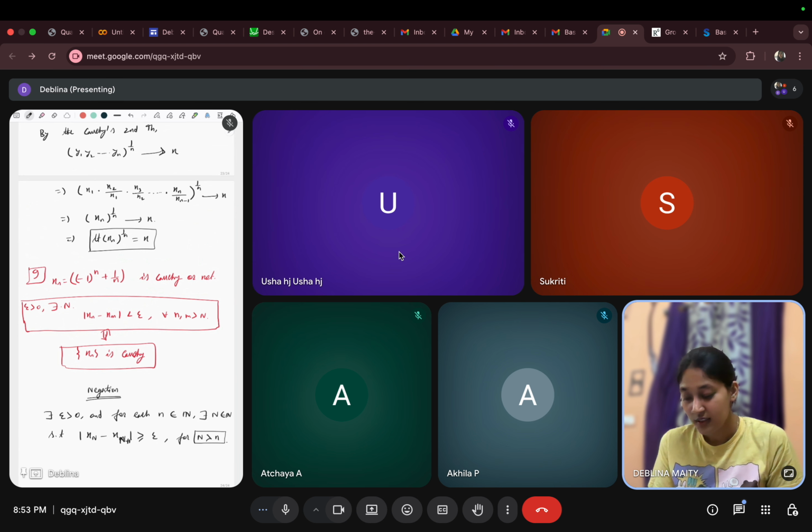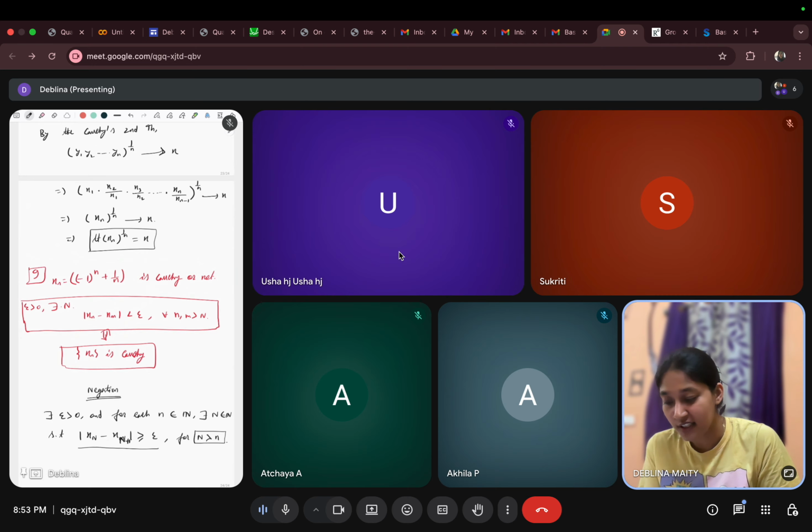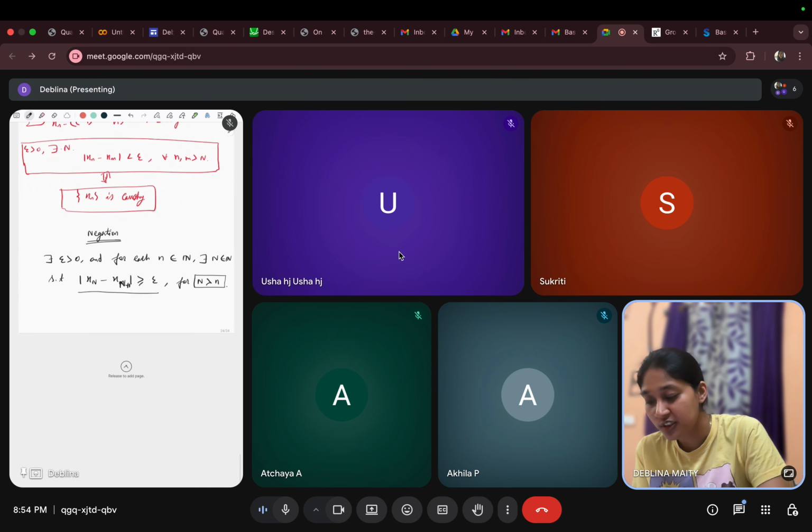So there exists some epsilon, and for each N we can find a bigger n than this N for which this is greater than epsilon. So this is the negation. So if it is not Cauchy, you have to prove this.